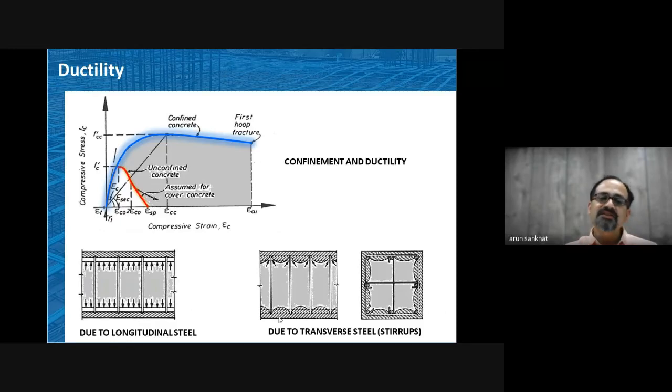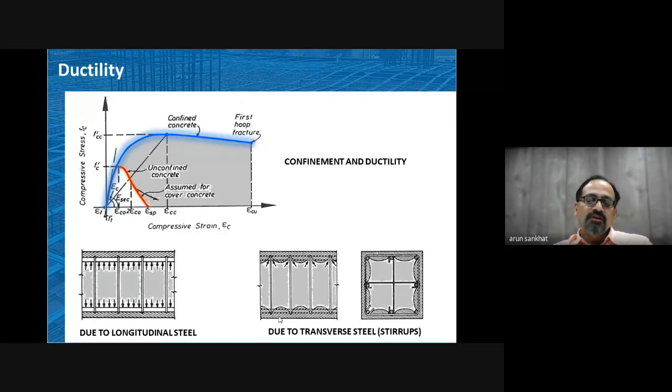Again, HYSD steel is required in addition to the PT steel. So ultimate strength consideration also requires HYSD steel apart from the PT steel, and this is how we can have better confinement and achieve ductility by providing longitudinal and transverse steels in the member.